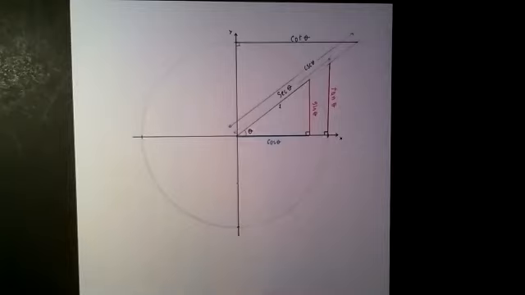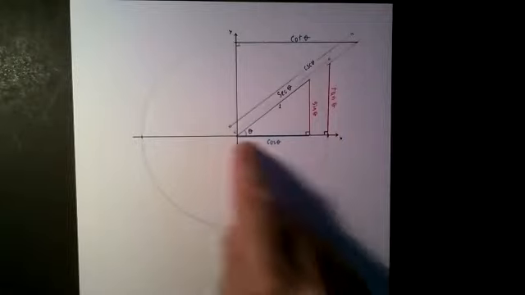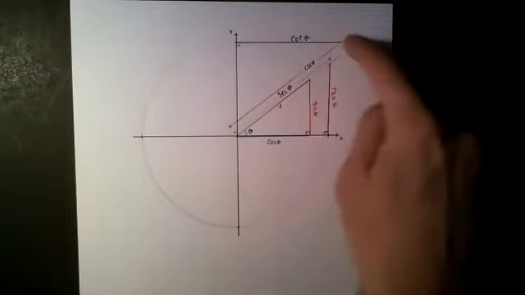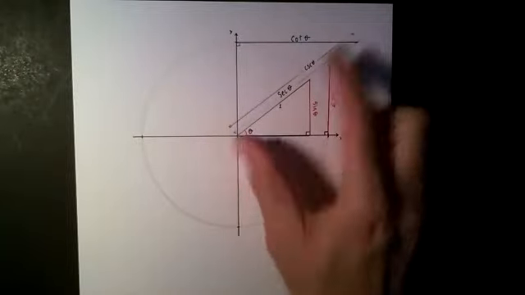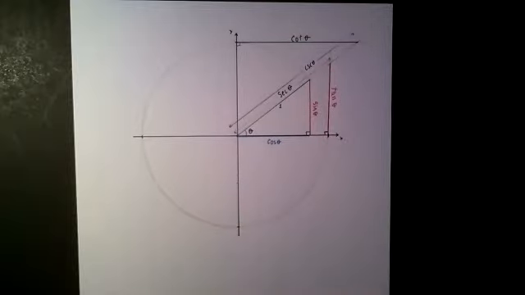Everything that is vertical doesn't have a co. Everything that's horizontal has a co. So cosine, cotangent, cosecant correspond to the horizontal, if you want to remember it this way, just for you to know.